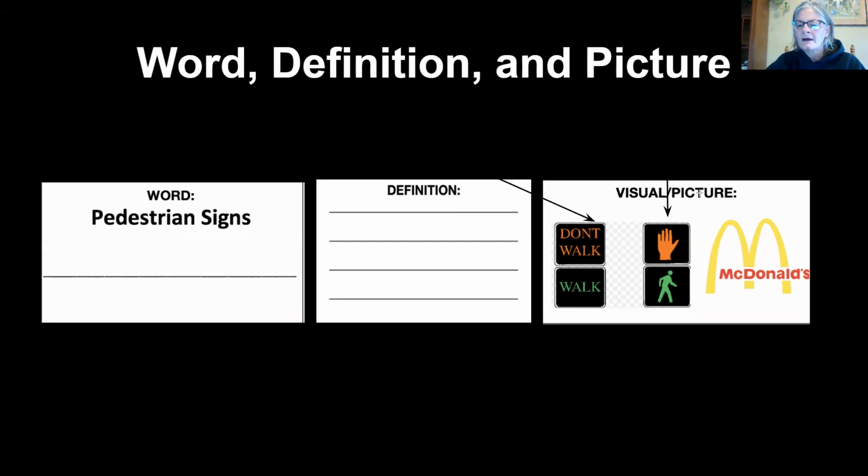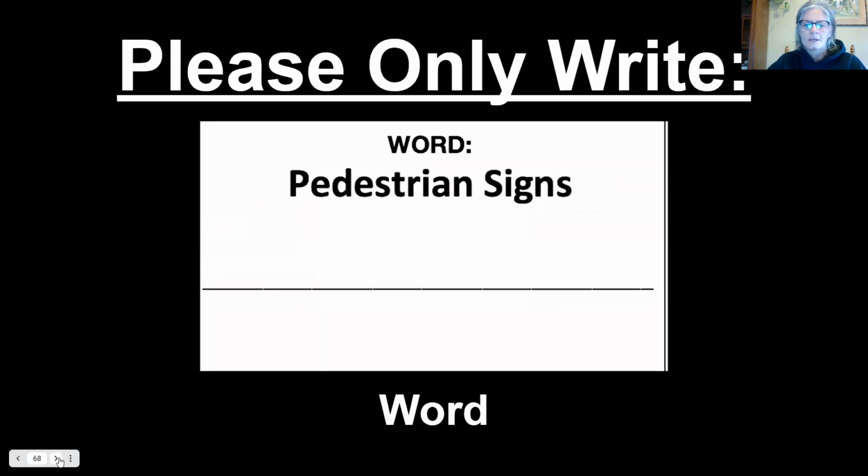And even symbols and signs like this help us to know direction or where something's at. McDonald's, I bet you all know that sign. So please write the word pedestrian signs. Make sure you got your worksheet out from yesterday.